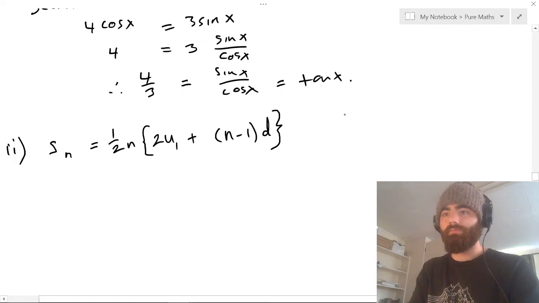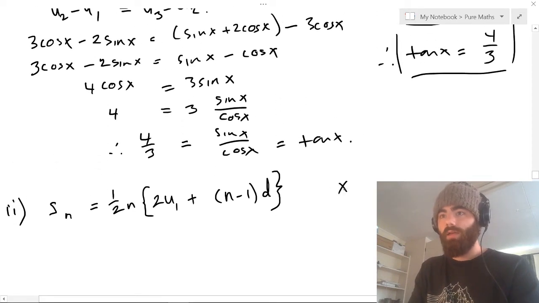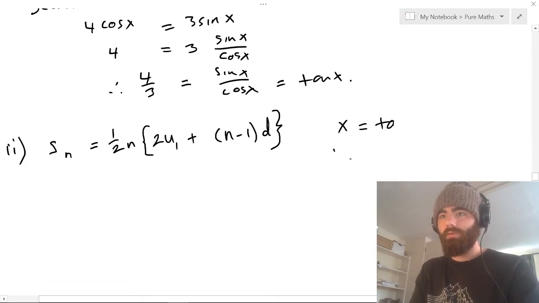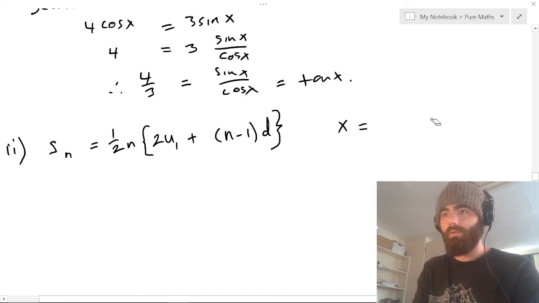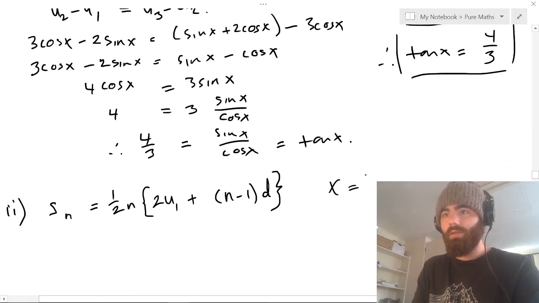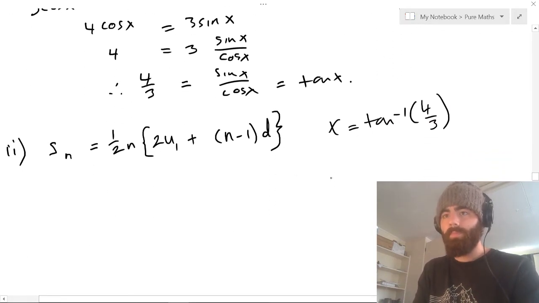First of all, we know that x equals inverse tan of 4/3.